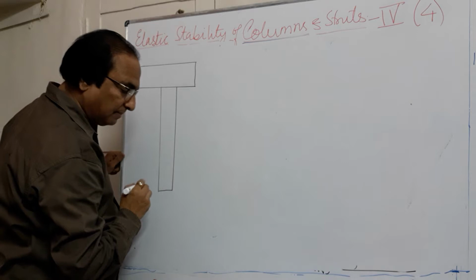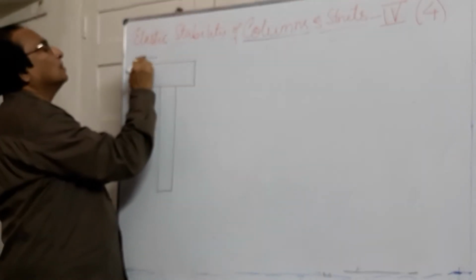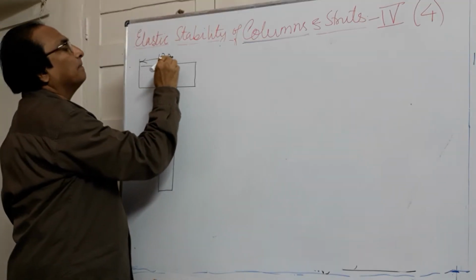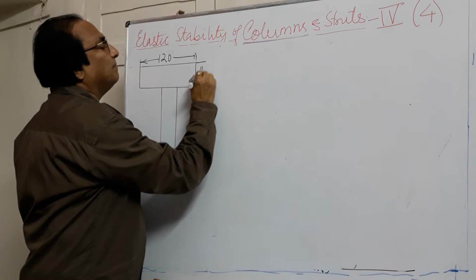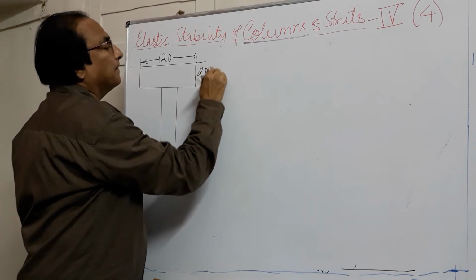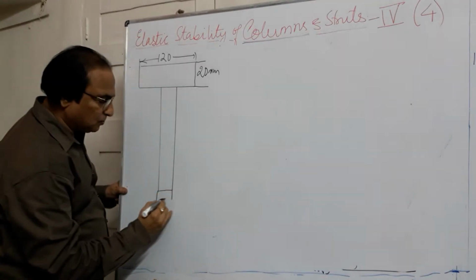Now if you see the dimensions, this distance is 120 mm. Thickness of the flange, if I take it as 20 mm. This thickness of the web, if I take it as 20 mm.